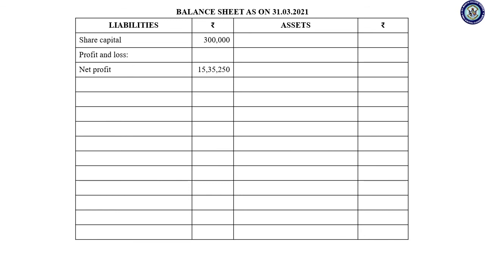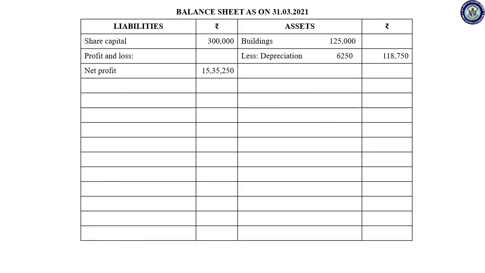So share capital 3 lakh. Then you write profit and loss, under that net profit 15 lakh 35,250. Okay, next item. Buildings. Write the amount in the inner column, you deduct the depreciation. Buildings less the depreciation.